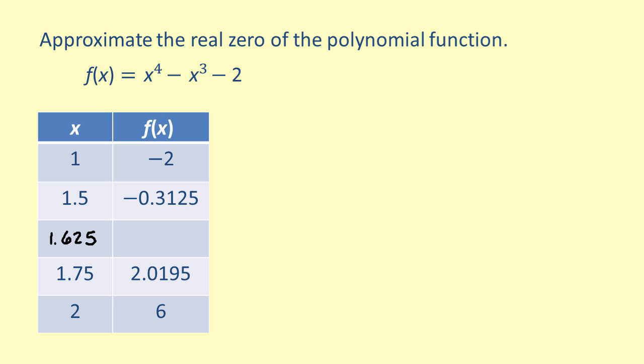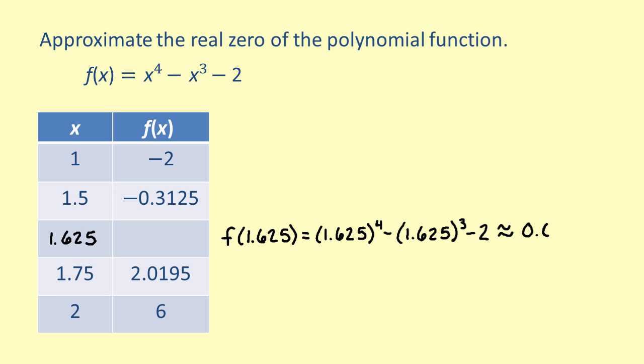When we evaluate the polynomial function at this value, we get f of 1.625 equals 1.625 to the fourth minus 1.625 cubed minus 2, which is approximately 0.6819.